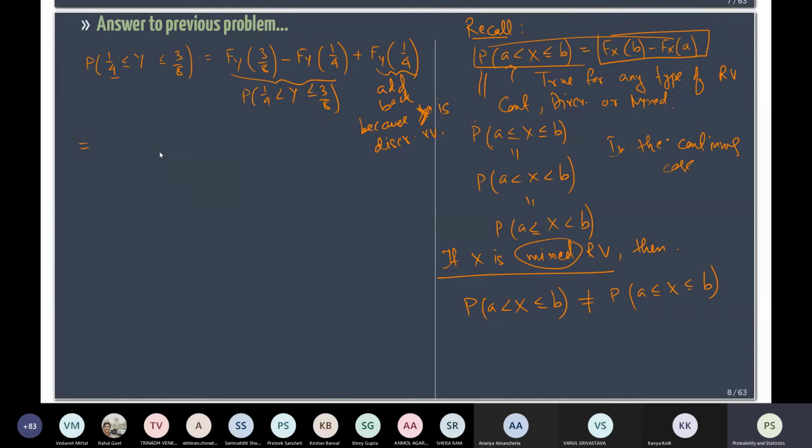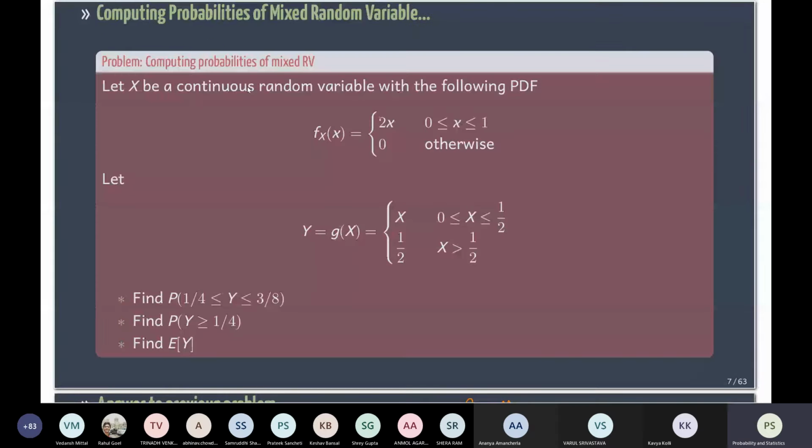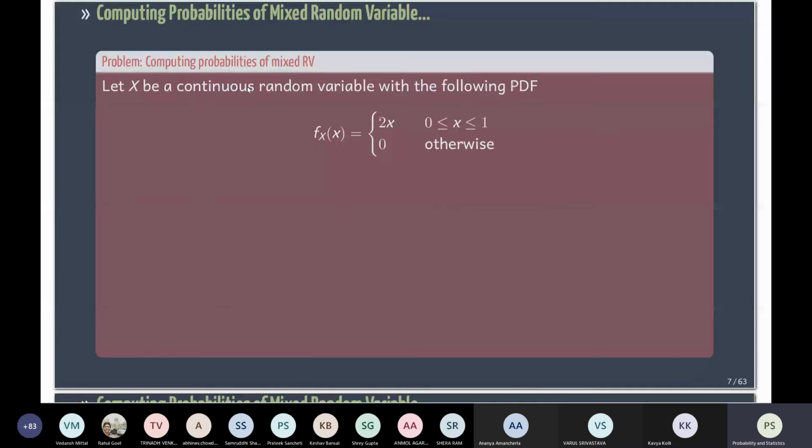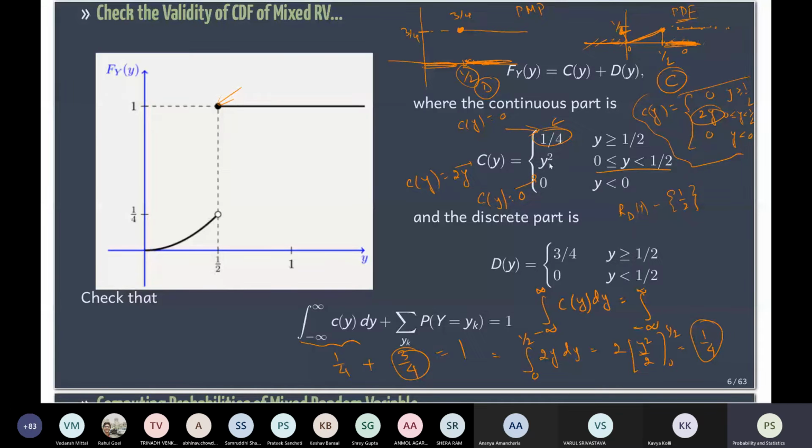Okay, so if we compute this, what do we get? F_Y of 3/8. So what was the CDF for us? The CDF, remember, was y squared. We have not noted this down here, but in the previous slide we had. It's y squared when y is between 0 and 1/2.